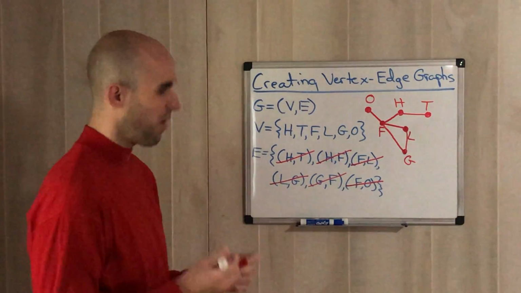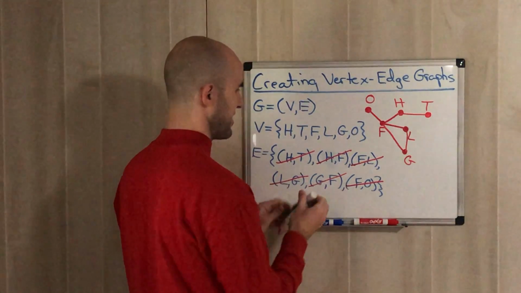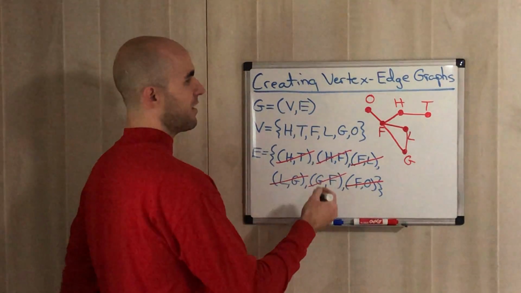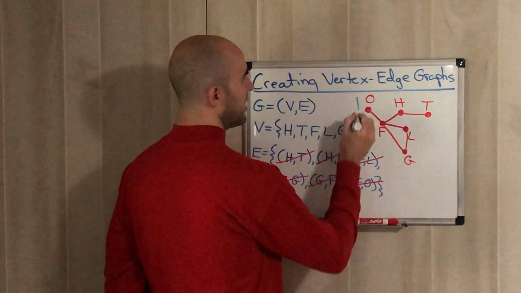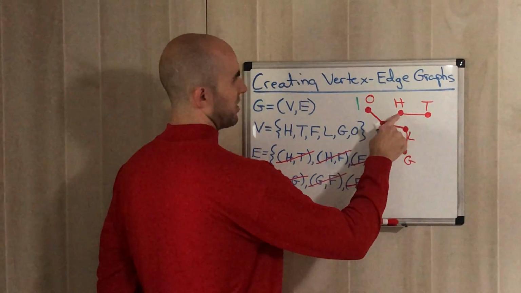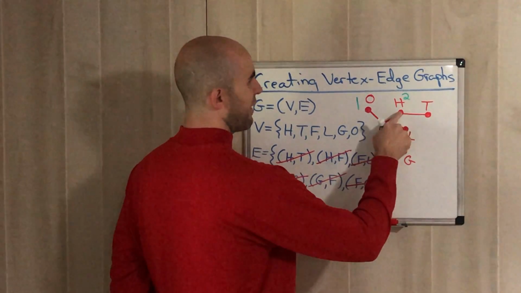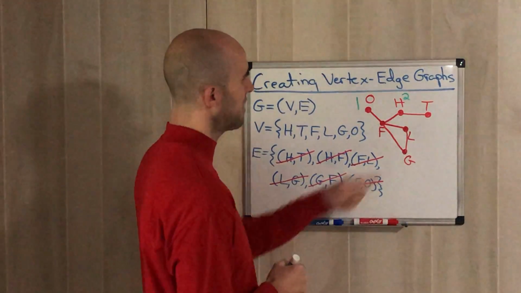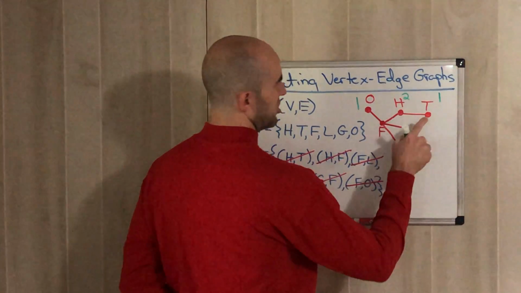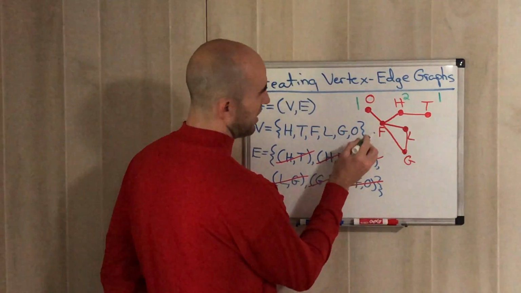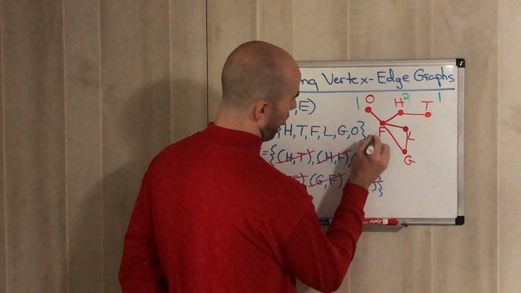Now if we also want to look at the degrees, just to get in the habit of analyzing it, you could have analyzed it from the edge list, or just look at the graph. The degree of O is just 1, because it goes to F. The degree of H is 2, because it goes to F and to T. The degree of T is 1, because it just creates a path with H. The degree of F is 1, 2, 3, 4.